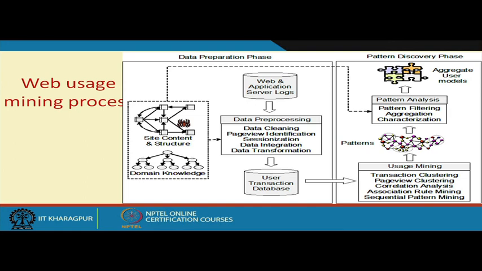And while doing these pre-processing activities, the knowledge about your site structure and domain knowledge about the area in which you are conducting your experiment are input to both the data preparation phase and the pattern discovery phase.